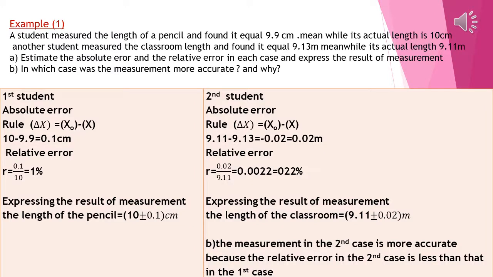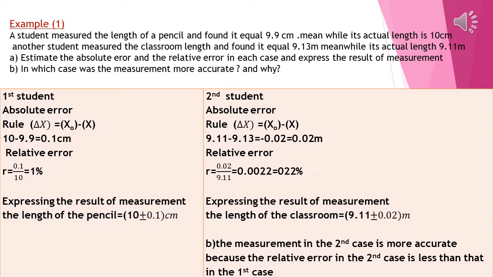Example to test your understanding. A student measured the length of a pencil and found it equal to 9.9 centimeters. Meanwhile, its actual length, the real value, is 10. The measured value is x, equal to 9.9, and the real value x naught equals 10.